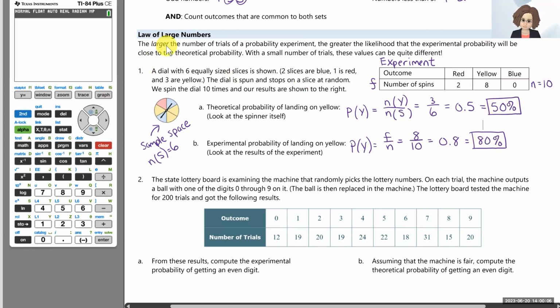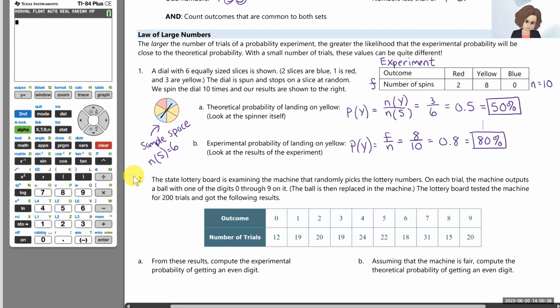What the law of large numbers says is that the more times you spin the spinner, the more likely it is that your experimental value will be close to what is actually true in theory. So instead of spinning it 10 times, if I spun this spinner 1,000 times, I'd probably see our experiment getting close to yellow 50% of the time. So the more times we do the experiment, the more likely it is that experiments match theory.